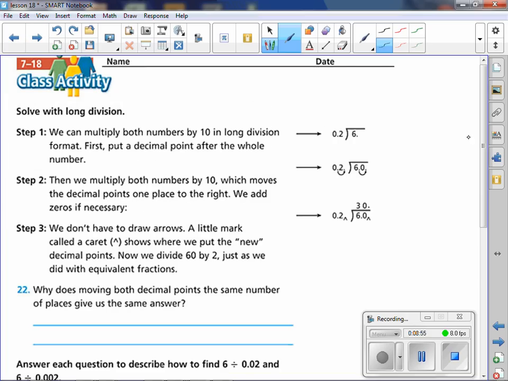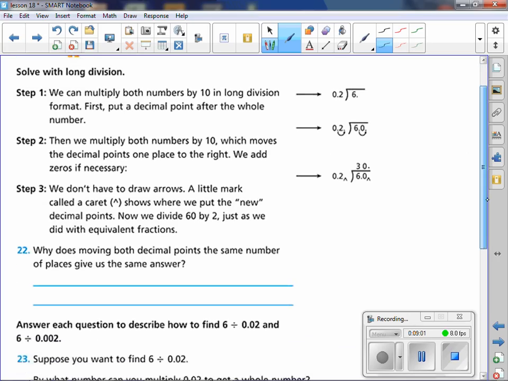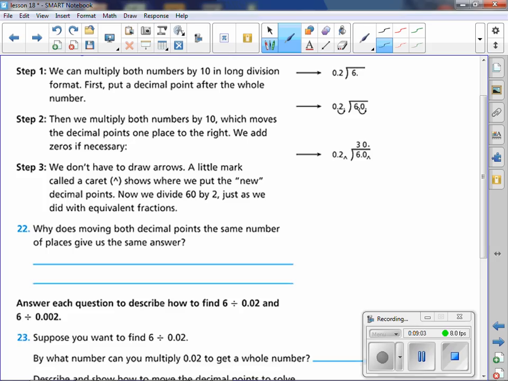You can multiply each number by 10 in long division format, so this is just shifting that decimal over. So you can absolutely shift the decimal over. I've done this with you guys multiple times. I usually do it this way, okay, where you shift that over.